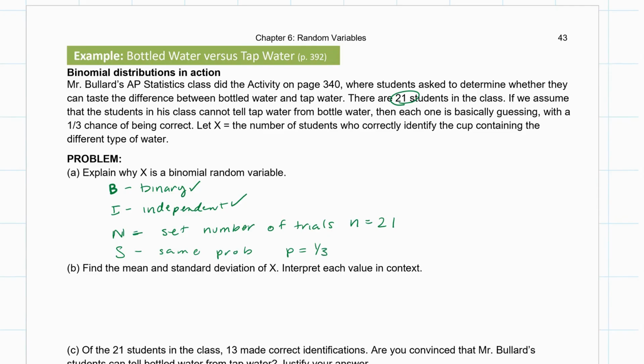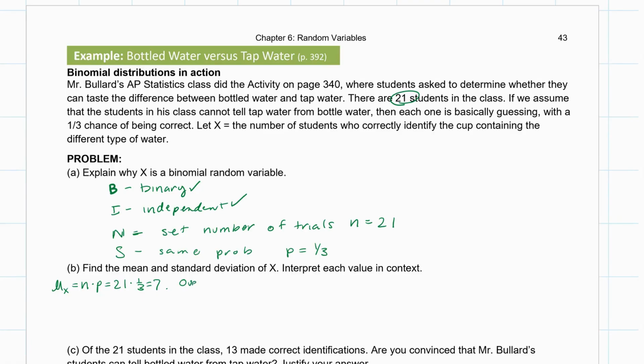So let's find the mean and the standard deviation of X and interpret each in the context. Well, the mean is N times P, which in this case is 21 times 1/3, which is equal to 7. And what does this mean in the context of this problem?